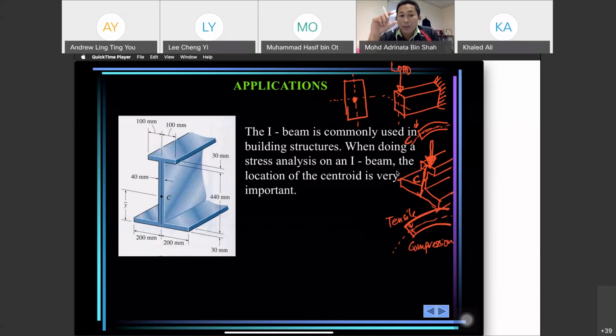What level? The height of the compression. So we want to know the natural axis so that we can find the tension and compression sides of the body.